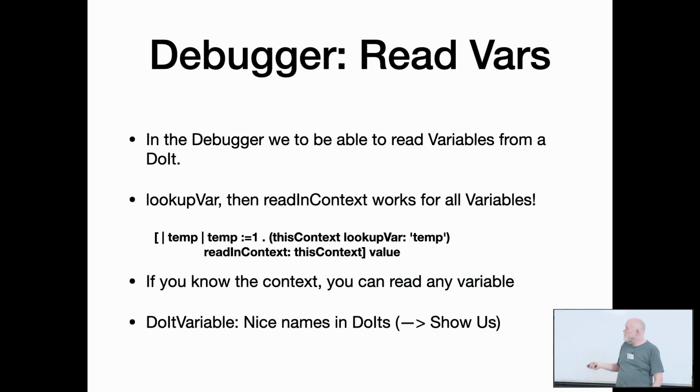But this allows us to simplify the debugger variable read a lot, and in another step it allows us to wrap those variables for doits in a doit variable, and this allows us to have nice names for doits, which I actually want to show in the show us your project, because it needs a bit of explanation why this is nice.